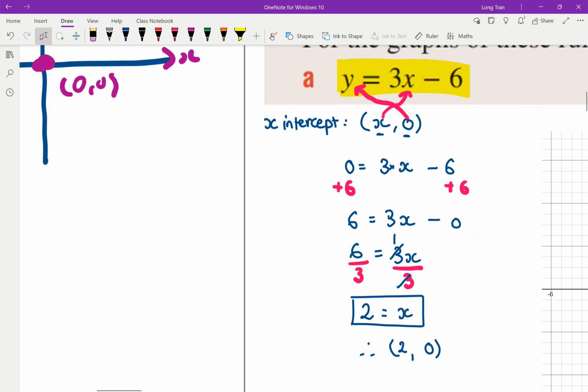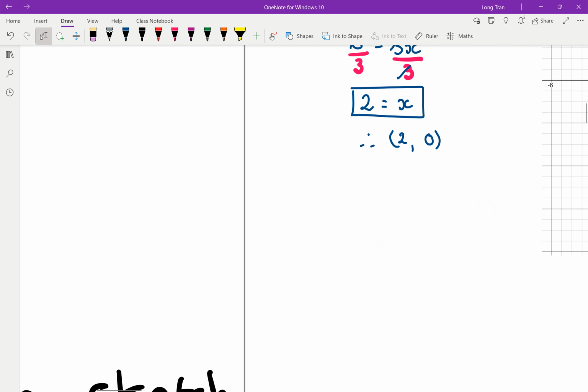All right, so now if we want to find the y-intercept, the pattern is quite similar. So the y-intercept, we don't know what the y value is, but we do know that the x value is going to be 0 on the y-axis. So again, the equation they gave us before was y = 3x minus 6.